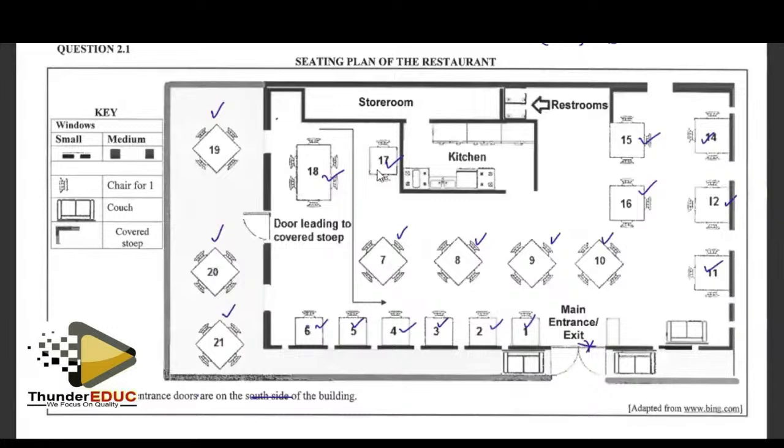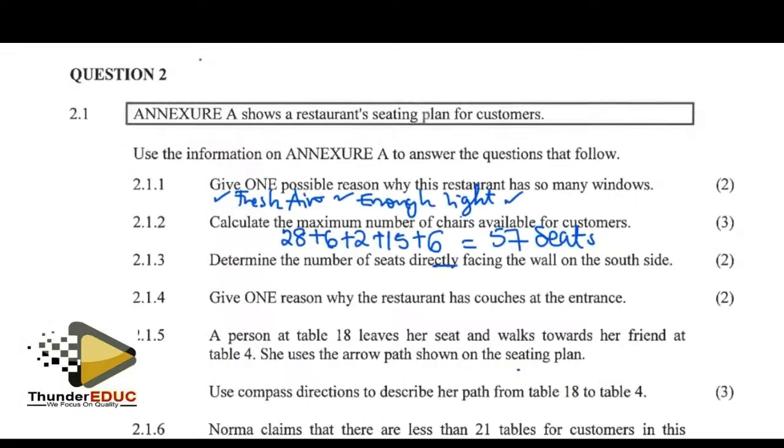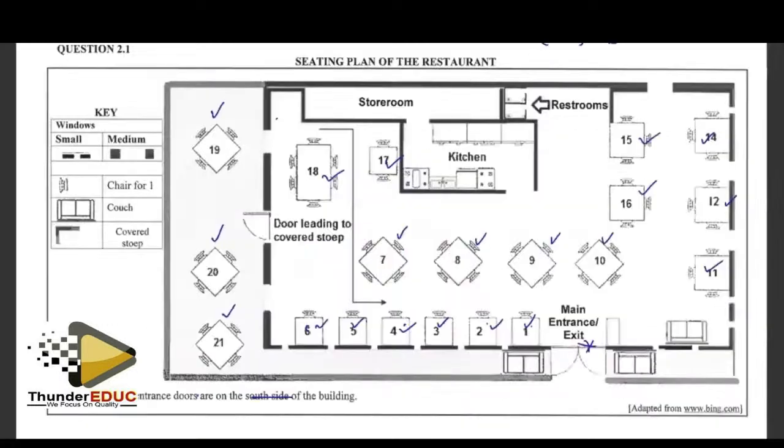Directly, so we have 1, 2, 3, 4, 5, 6. Yes, 6 what? Chairs. 6 seats would be okay. Or you say 6 plus. I'm going to show you something small here. This is facing the south. Come to this one here. Another one.